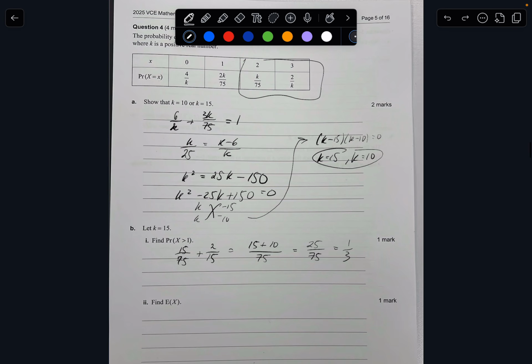So it will be 30 on 75 plus 2 times 15 on 75, or again 30 on 75, and then plus 6 on 15.